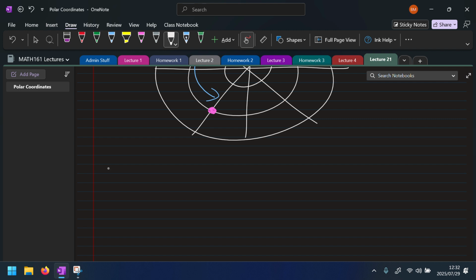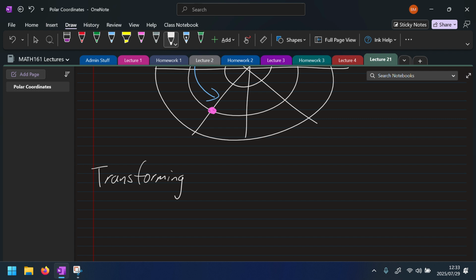Okay, transforming between coordinate systems. You might have seen this quite a bit in physics with circular motion. If you haven't, you'll certainly see it next year. Given a problem in one coordinate system, you need to be able to convert it to a problem in another coordinate system.